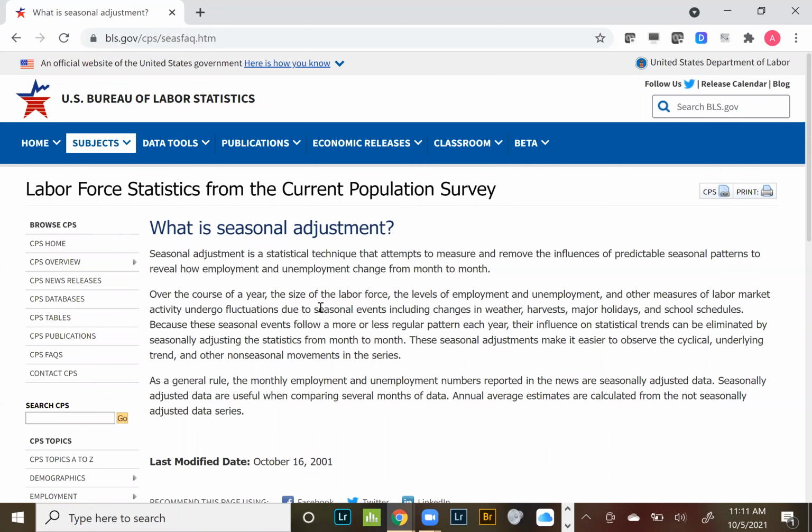We're interested mainly in long-term trends. Is there growth in employment? Is there not? So they will take the original data and make adjustments for the time of the year to get a better feel for whether unemployment is rising or falling. And we call that a seasonal adjustment.